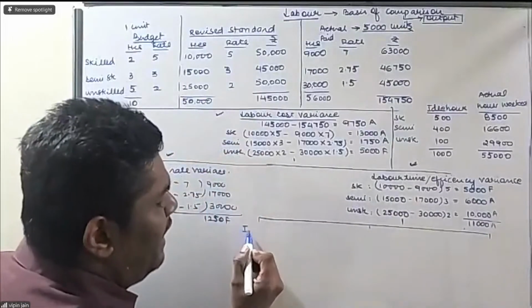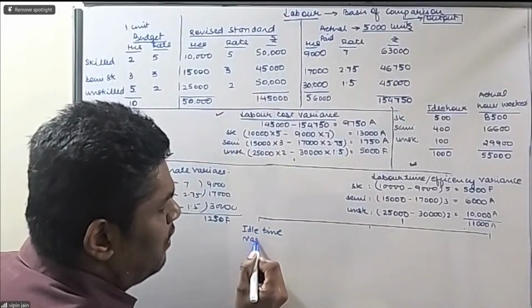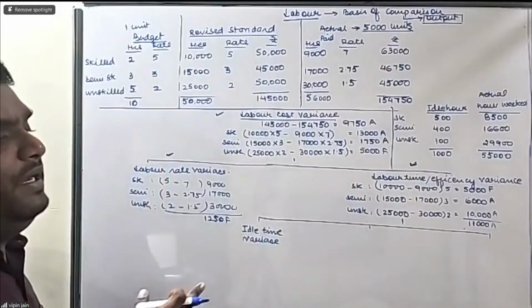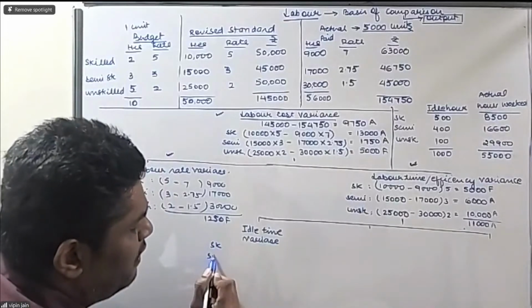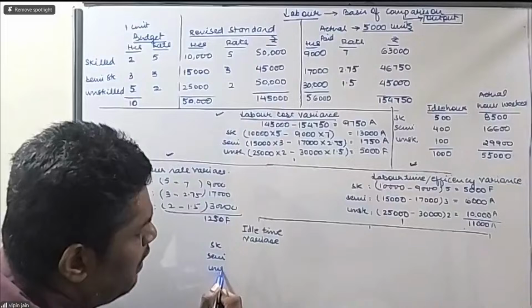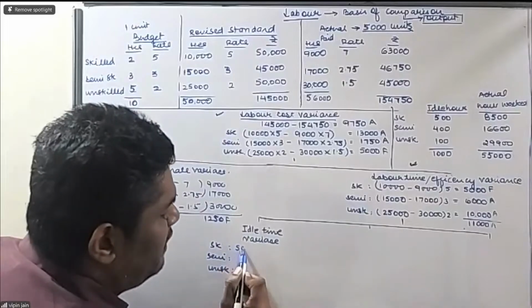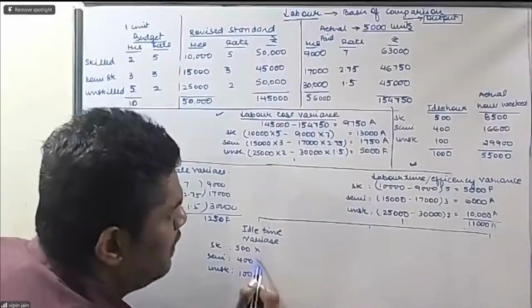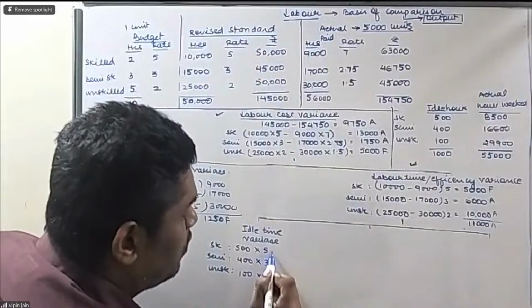Herein we will calculate idle time variance separately for skilled, semi-skilled, and unskilled. That is 500, 400, 100 into the rate that is 5, 3, and 2.